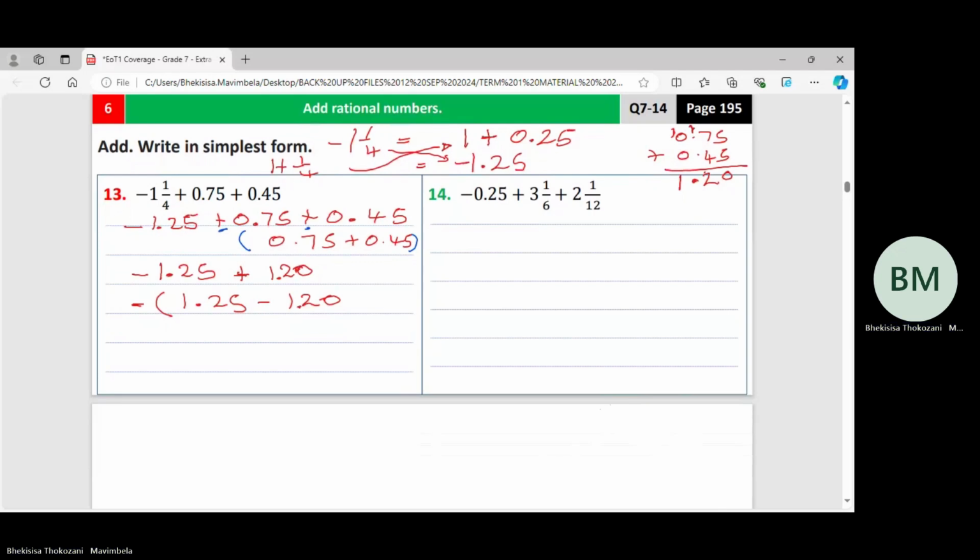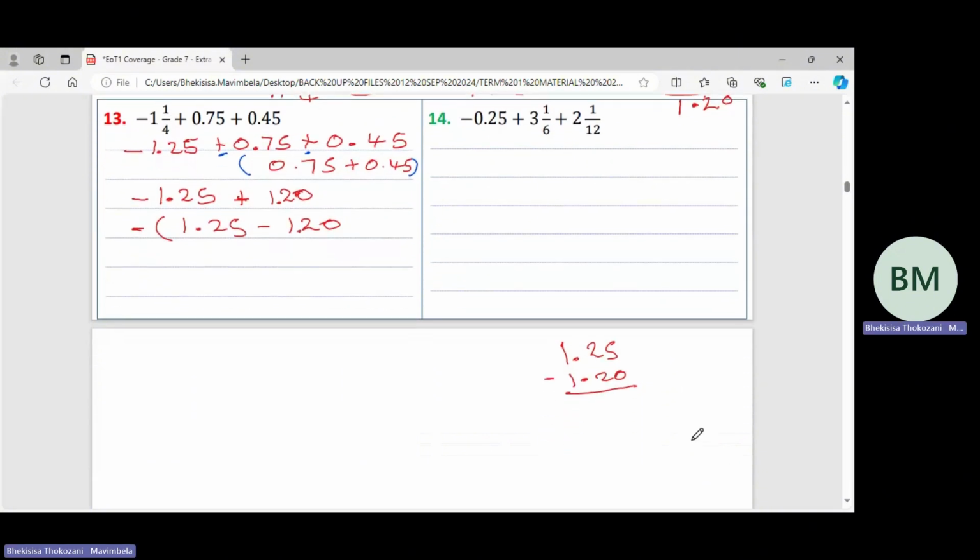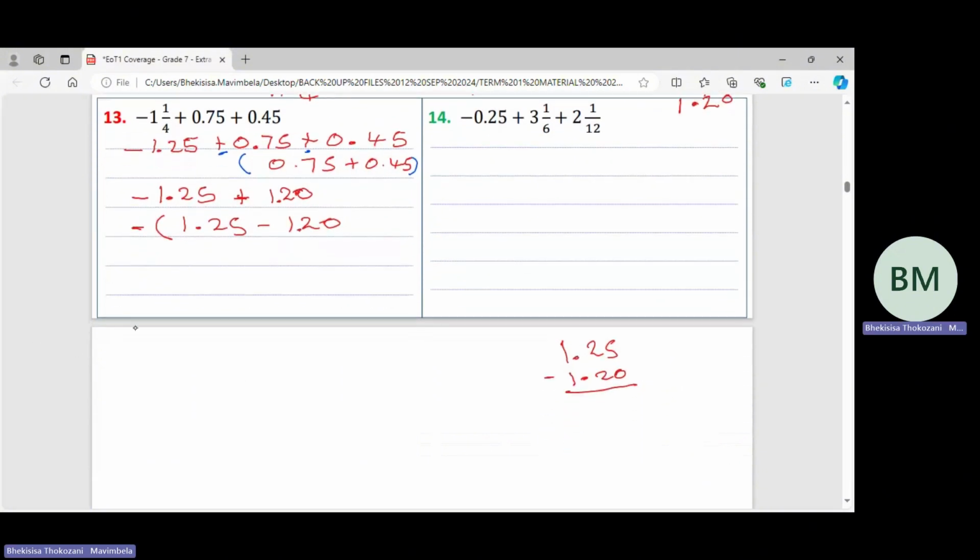All right. So now I'm going to say 1.25. This should be easy, guys. Subtract 20. I'm sure you're already screaming the answer there.